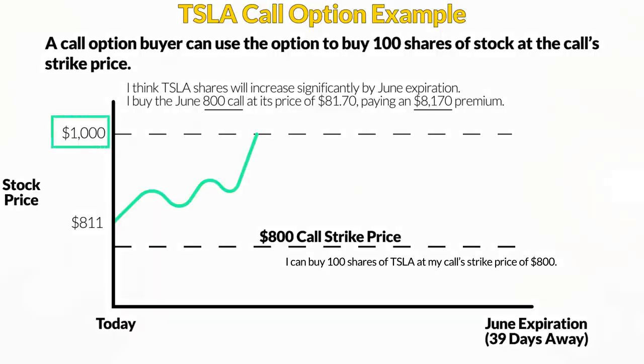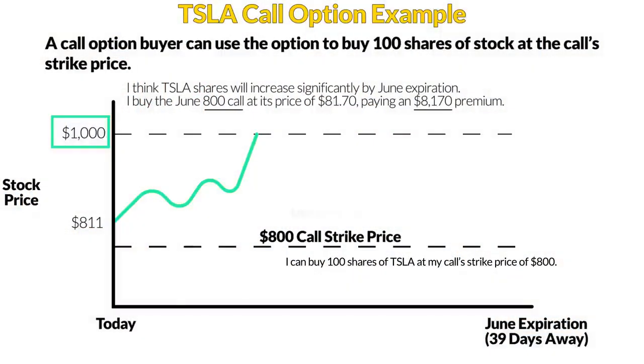So with my option, I could exercise my option, meaning I want to go through with what the option allows me to do, which is with a call option, purchase 100 shares of stock at the strike price. And if I do that, I will buy 100 shares of Tesla stock at the strike price of $800. So if we take $800 per share times 100 shares, I will pay $80,000 to buy that share position.